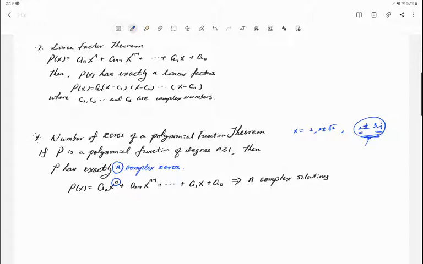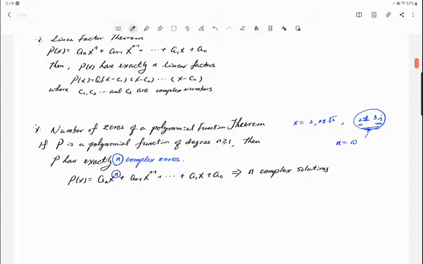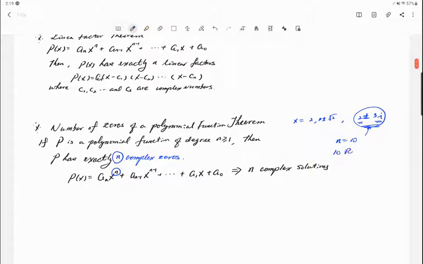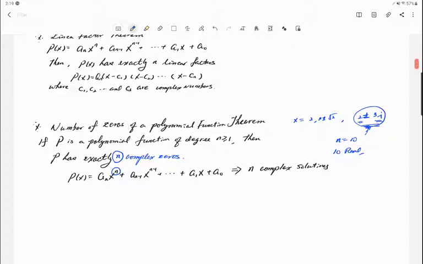So if the degree n is, let's say, 10, then there may be 10 real solutions, or if there are complex solutions, you subtract 2 from this number, so 8. Subtract another 2, then there may be 6 real solutions, 4 real solutions, 2 or 0 real solutions, depending on the number of complex solutions.